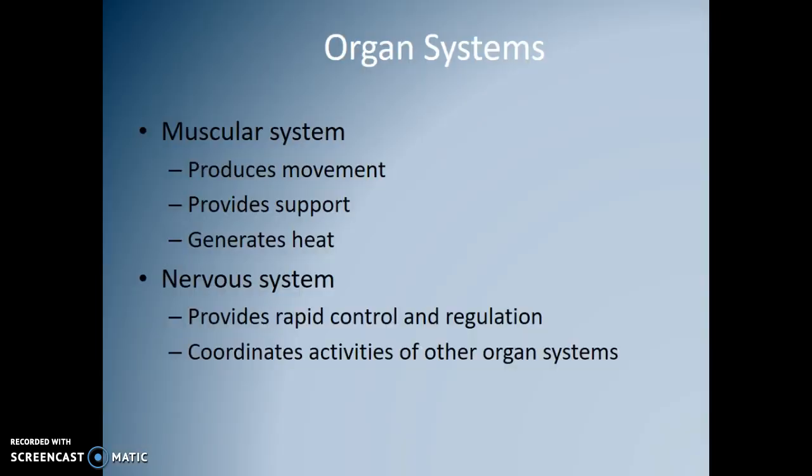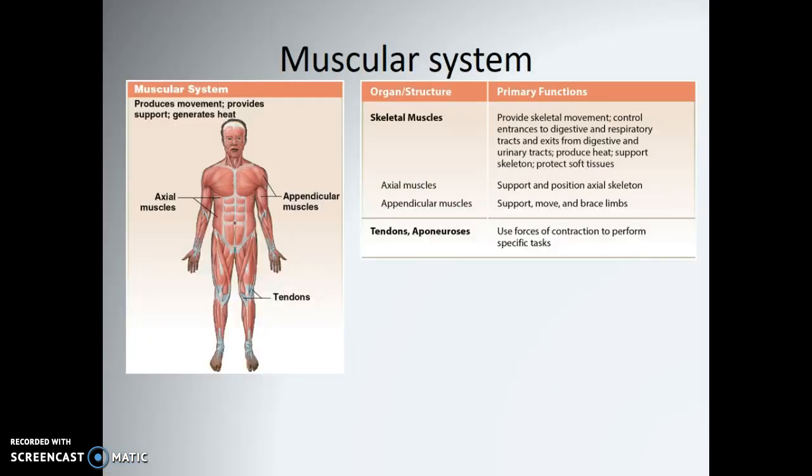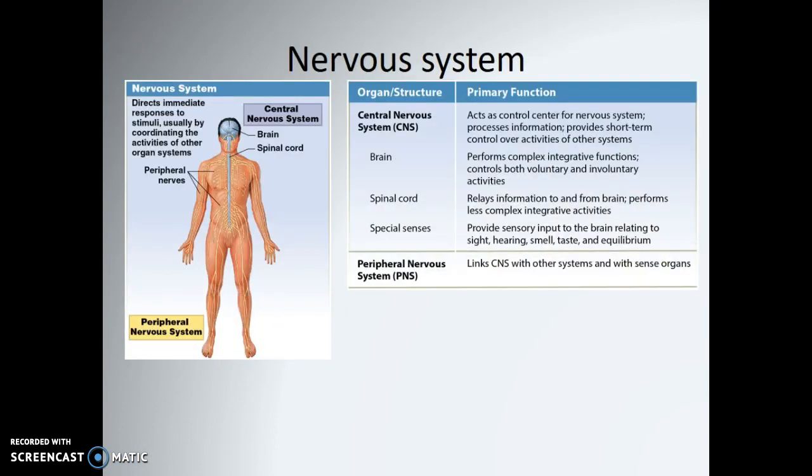The muscular system provides movement and support, as well as generating heat. The nervous system is for very rapid control, and so the 2 words that describe the nervous system activities are control and coordination.